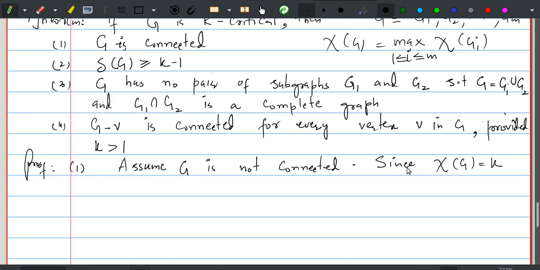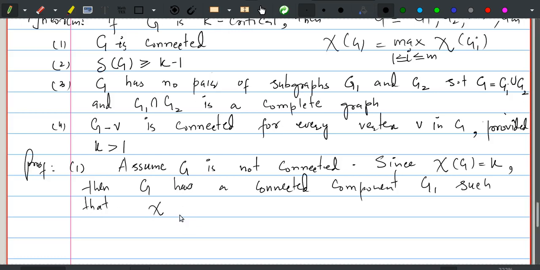So G has a connected component, say G1, whose chromatic number is k. This follows from the definition: if G is disconnected, its chromatic number is the maximum of the chromatic numbers of its components.